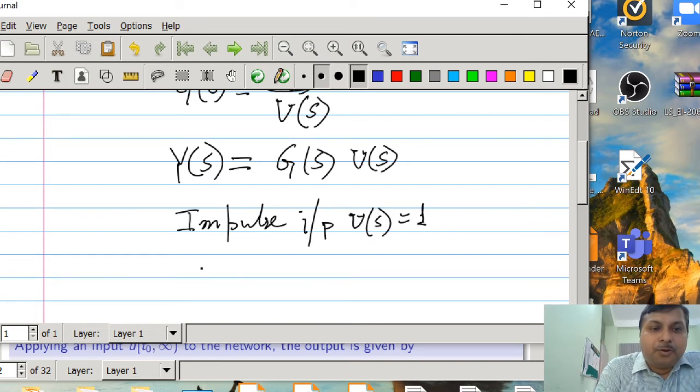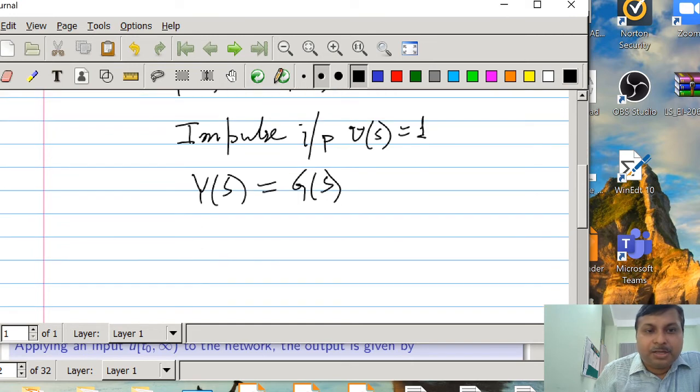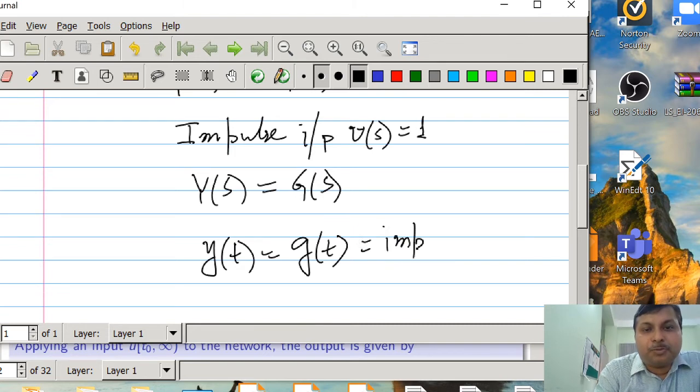Okay, so now we find that Y(s) = G(s). If I want to find out the impulse response of the system, then taking the inverse Laplace transform we can write y(t) = g(t), which is the impulse response of the system.